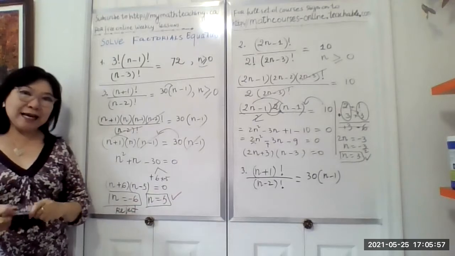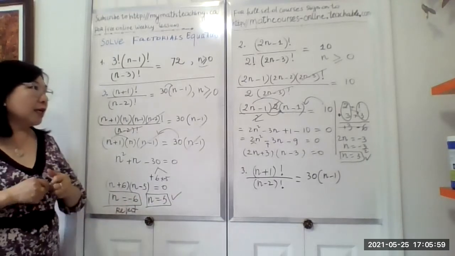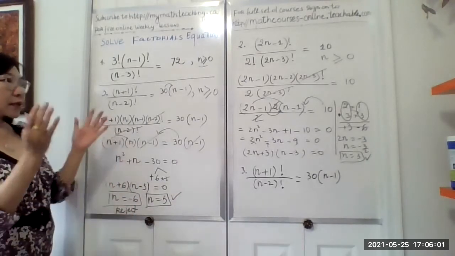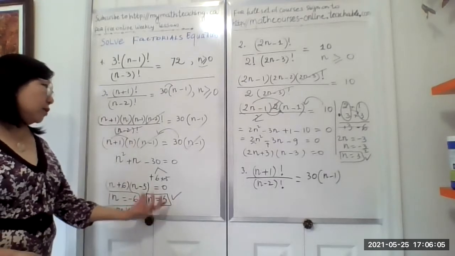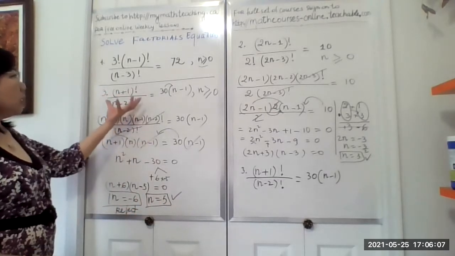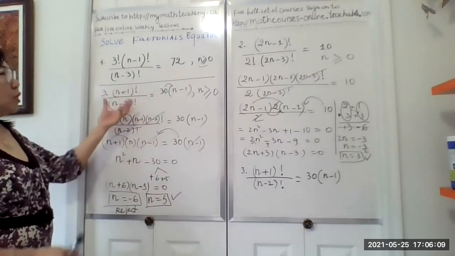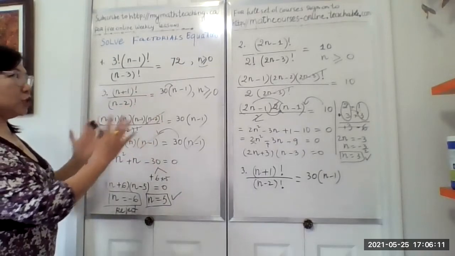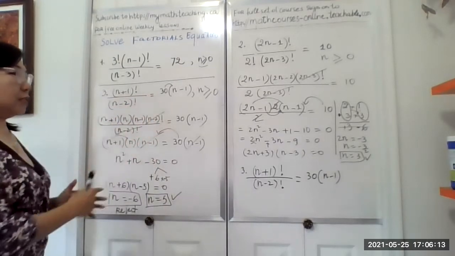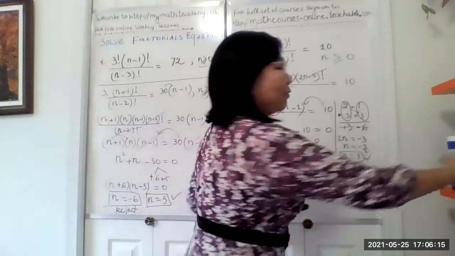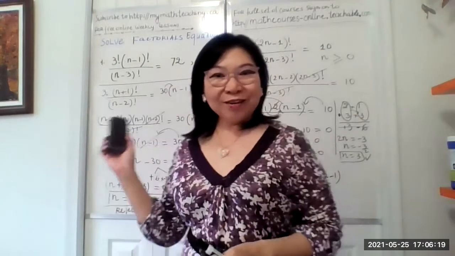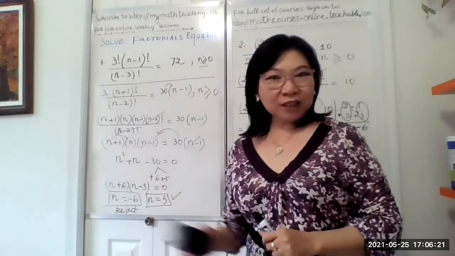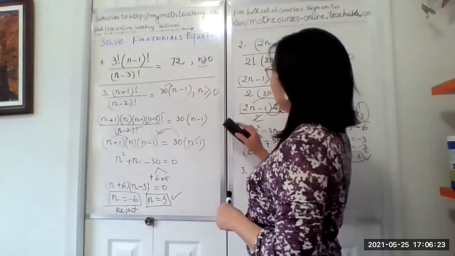Now, because this is the last question, I want to prove to you that our answer is correct. I'm going to substitute n equal 5 back into the original equation and check if the left side equals the right side. So I'm going to perform the last step to prove to you that nothing is wrong with the way I solved the factorial equation.